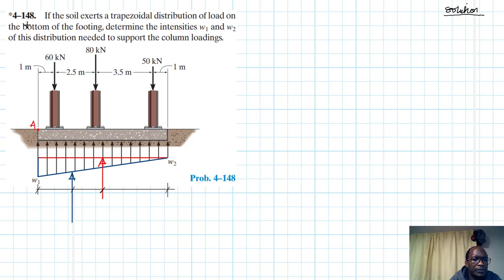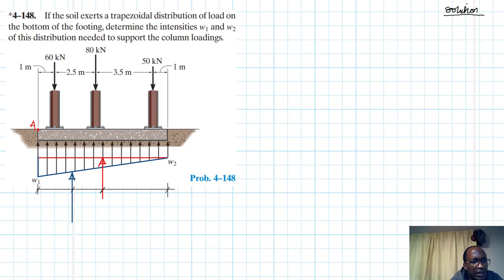Okay, so let's label this. The first one, the red, is of course the area under the load diagram, and the length of this is 1 plus 2.5, that's 3.5, plus 3.5, that's 7, plus 1, that's 8.